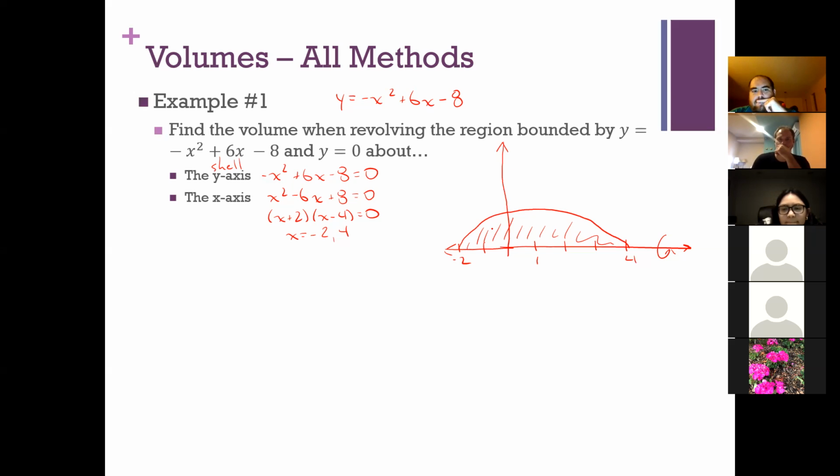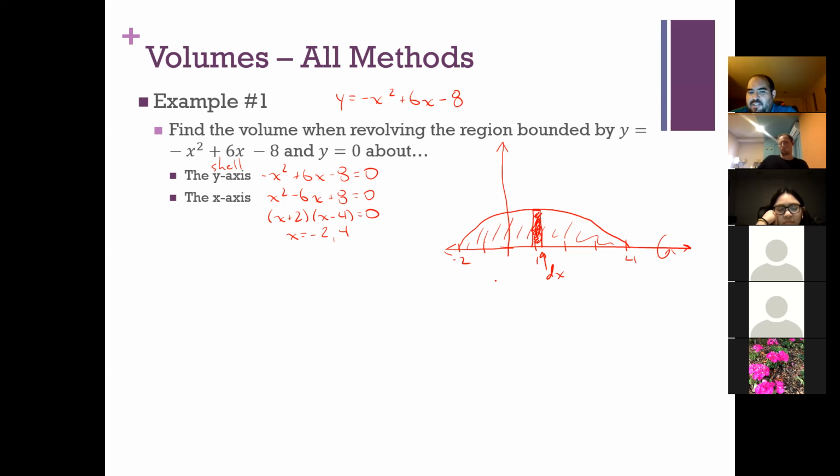To me, it looks like the disk method would be easier. Okay, why do you say that? Because for the disk method, you'd be doing it by the x values. Right. Yeah, if I use the disk method, then I get to use delta x intervals, which means I get to keep using x as my independent variable.